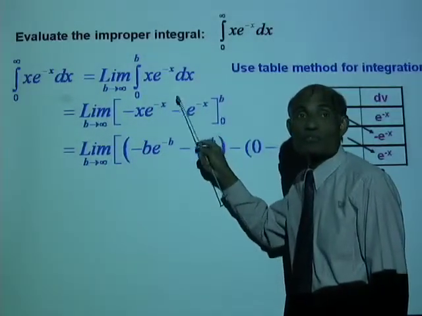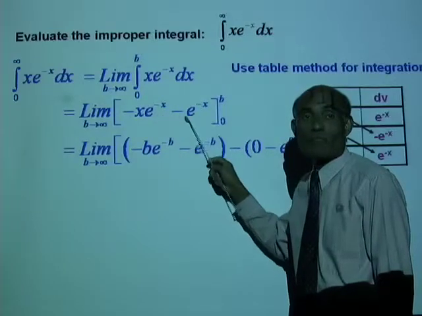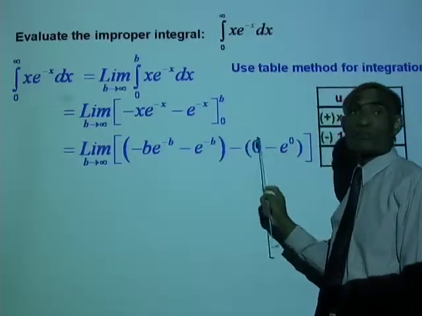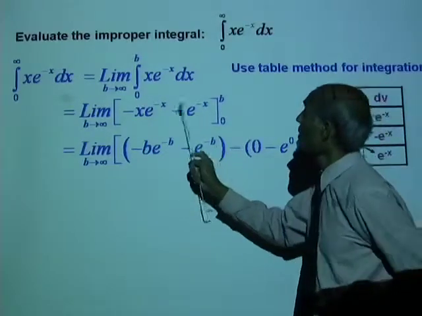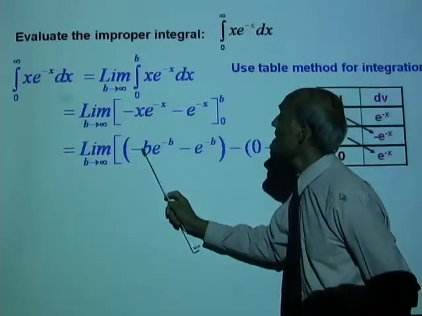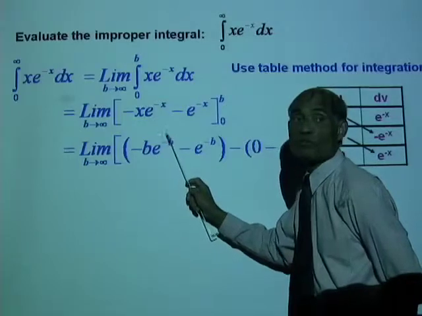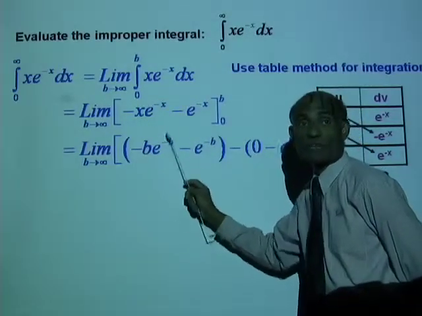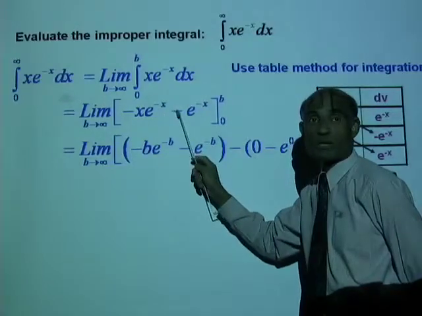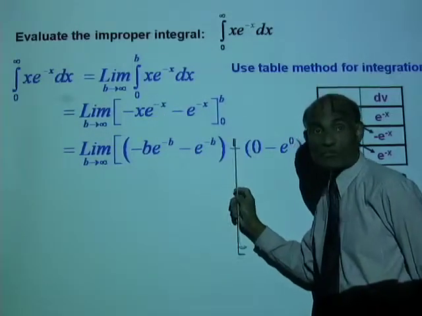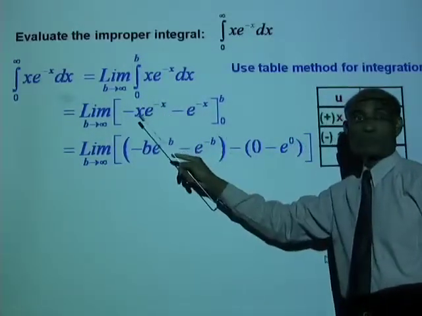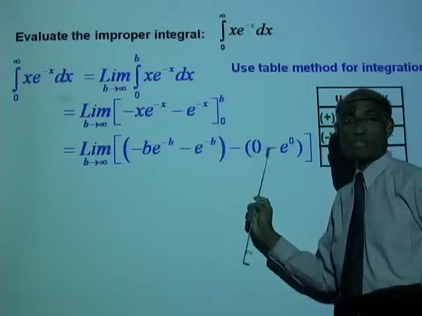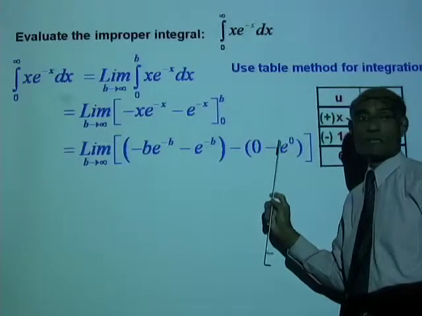Set x equal to b, the upper limit, then minus set x equal to 0. When x equals b, you have negative b e to the power of negative b minus e to the power of negative b. This is for the upper limit. Then minus the lower limit. X equal to 0 gives you 0 minus e to the power of 0.